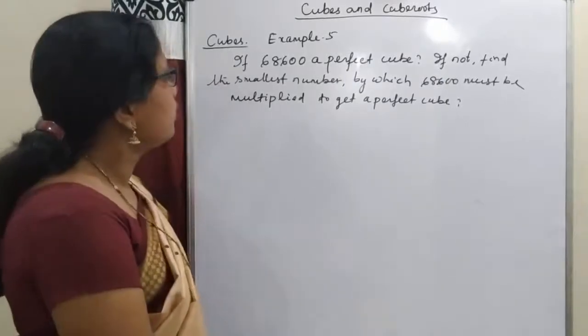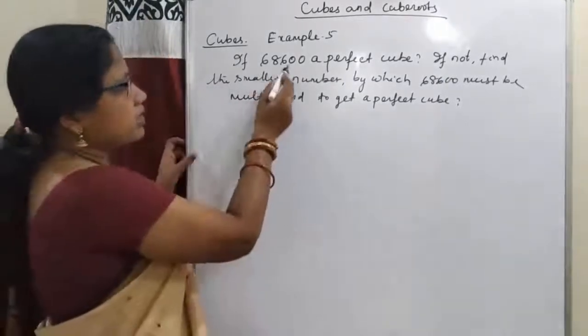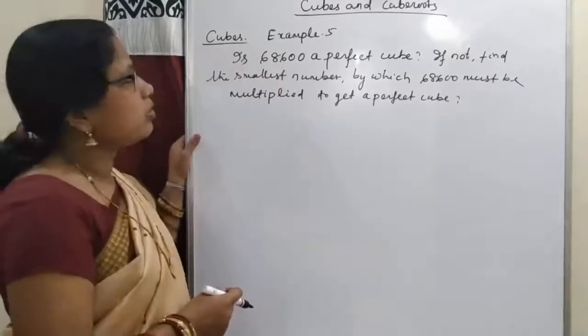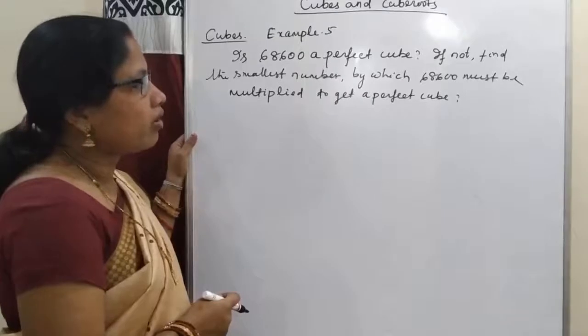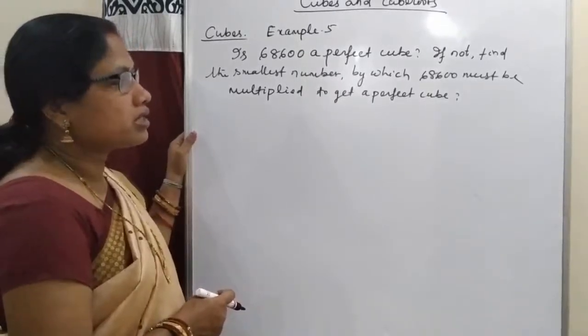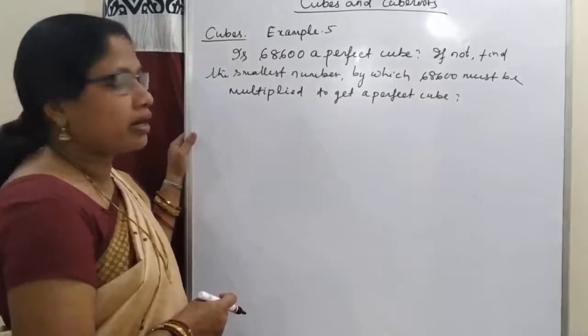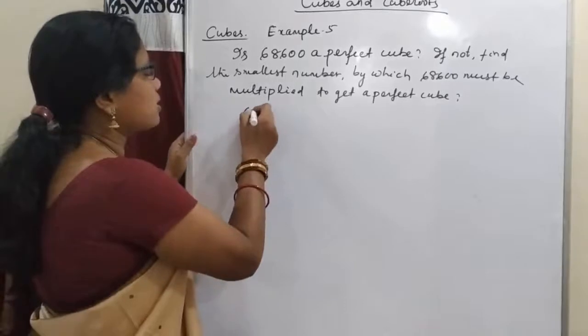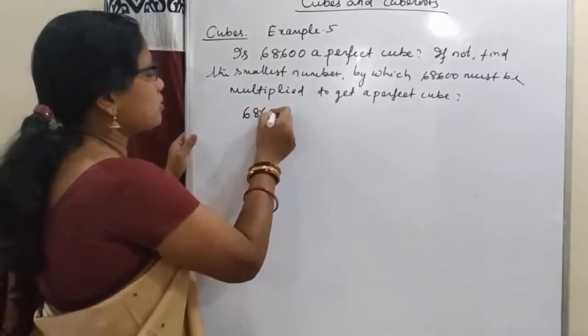Next example. Is 68600 a perfect cube? If not, find the smallest number by which 68600 must be multiplied to get a perfect cube. So first we have to factorize 68600.